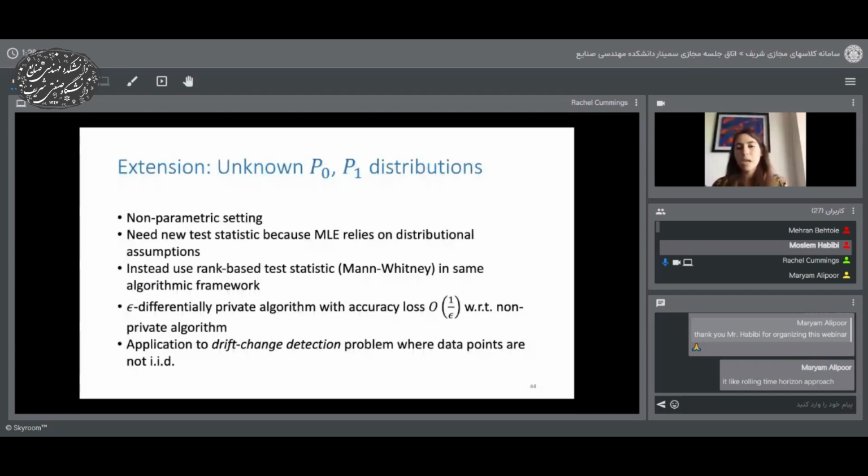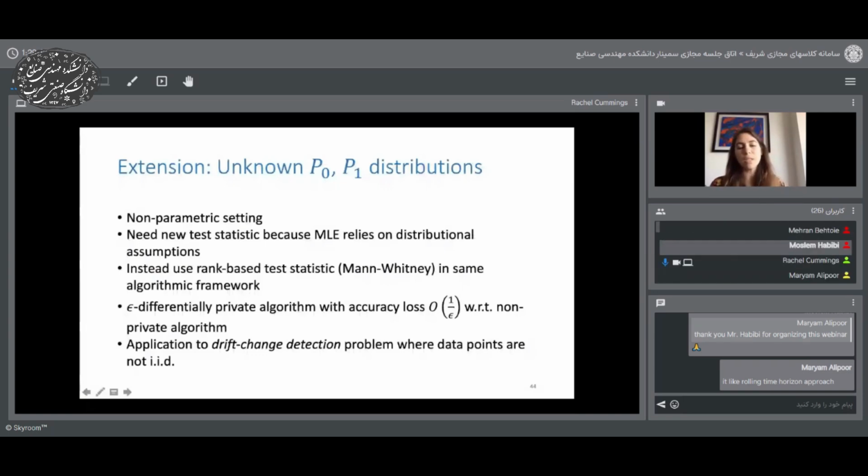In particular, we use a Mann-Whitney test, and it basically asks how many of these samples are above these samples. And so you're basically counting and comparing without having to know exact P0 and P1. And we have the same results. So we have an epsilon differentially private algorithm with accuracy loss 1 over epsilon compared to the non-private case.